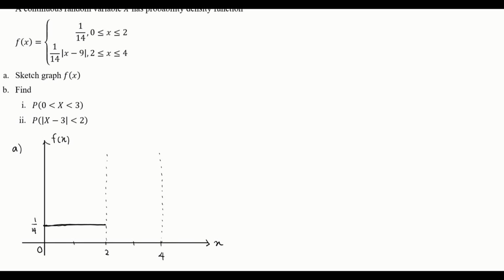And then for between 2 and 4, that is the graph of an absolute value function. Let me write here: 1 over 14 modulus x minus 9. If we refer to its basic definition, it is positive 1 over 14 (x minus 9) for x greater than or equal to 9, and negative 1 over 14 (x minus 9) for x less than 9.